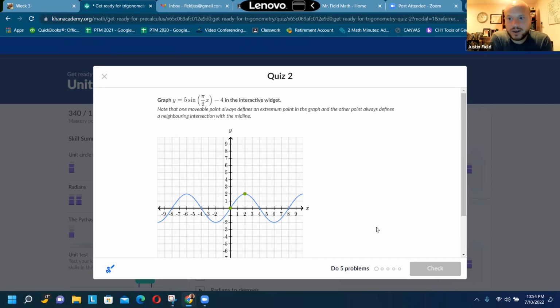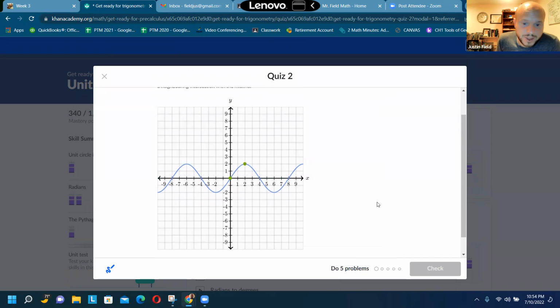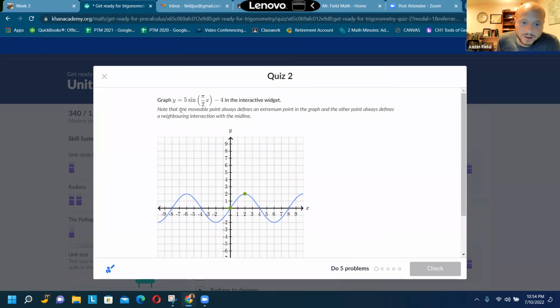Okay, the interactive widget. Okay, so note that this is shifting. I might have to pause this one. This is about the frequency and the amplitude and the phase shifting. So kind of like the first quiz we did, but with trig. Okay, so we want to graph that.